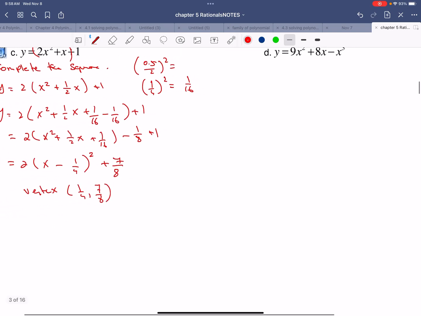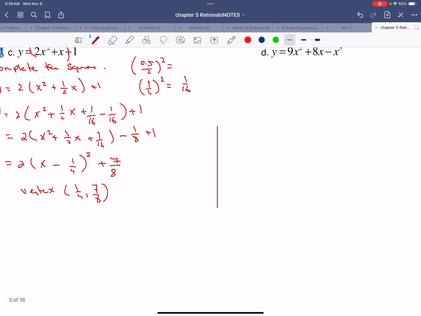Now to graph this, that's going to be a positive and this is going to be a negative. And then it's going to open up.